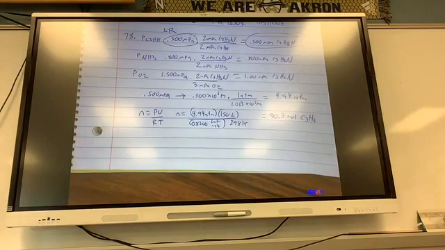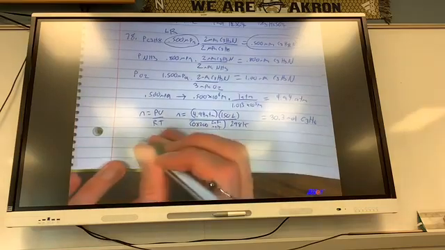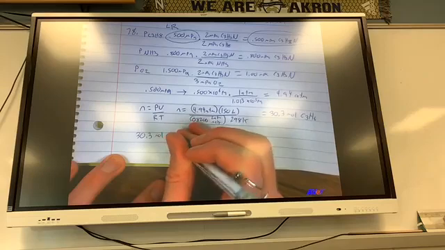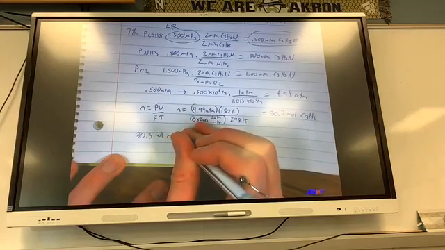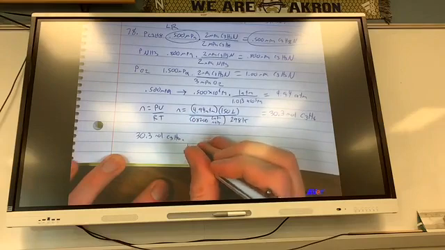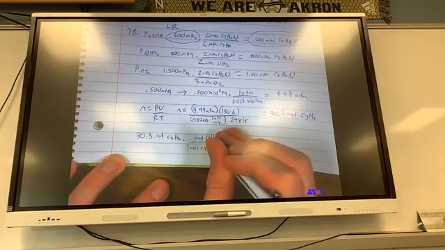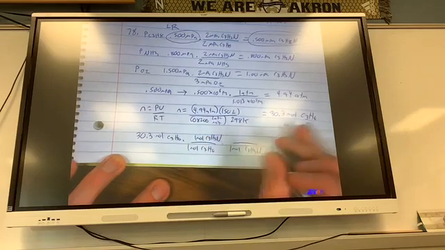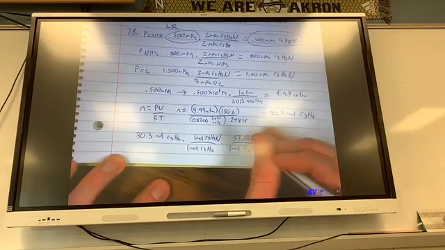I want to know grams of what? C3H3N, right? So now I have one more line of stoich to do. I'm going to take my 30.3 moles of C3H6. Stoich step: for every 1 mole of C3H6, I have 1 mole of C3H3N, and 1 mole of C3H3N is 53.06 grams of C3H3N.